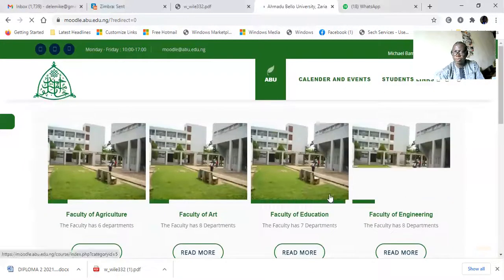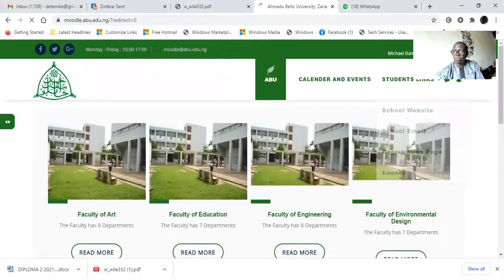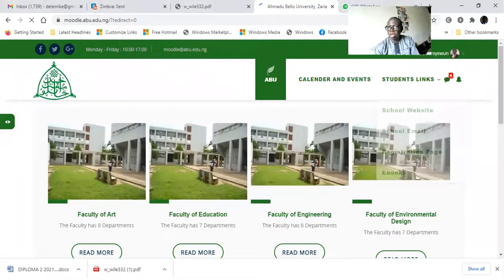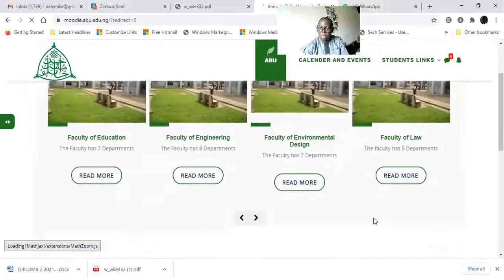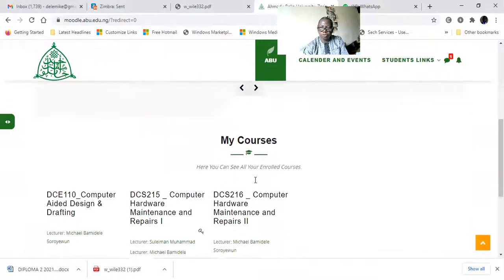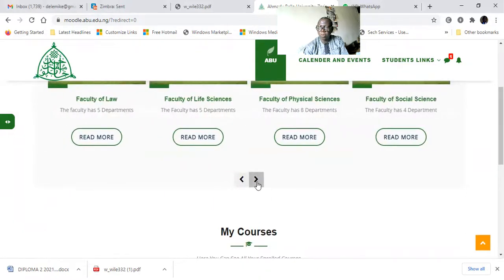So this is where you need to register, and then you need to search for the course. You need to look for Faculty of Physical Sciences.